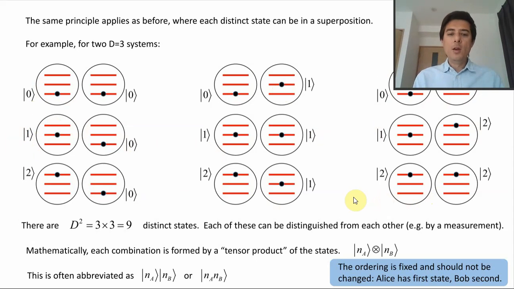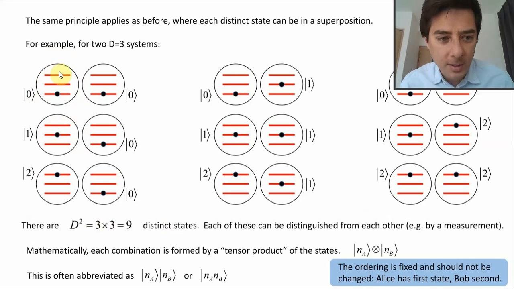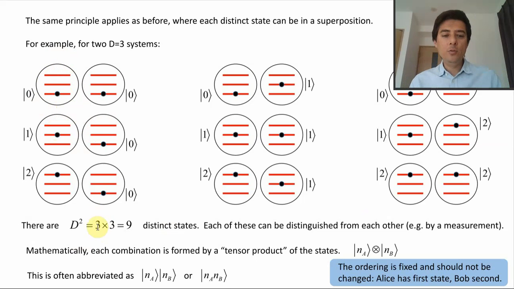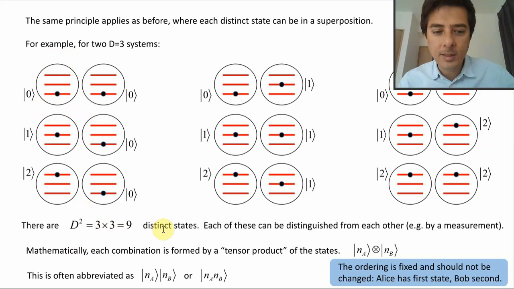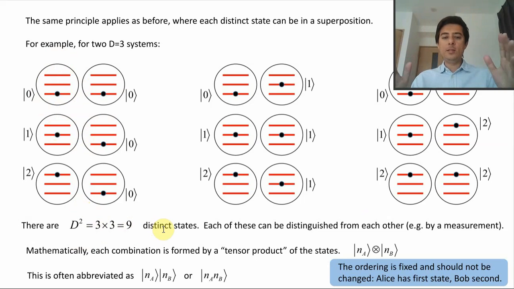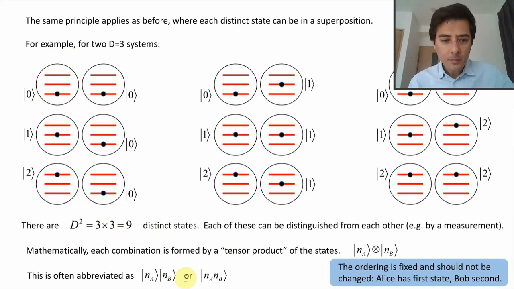So in this case, there are going to be 3 times 3, because there are 3 states in each quantum system, and there are 2 of them, Alice and Bob. So there's a total of 9 different combinations, 9 distinct states that this composite system can be in.